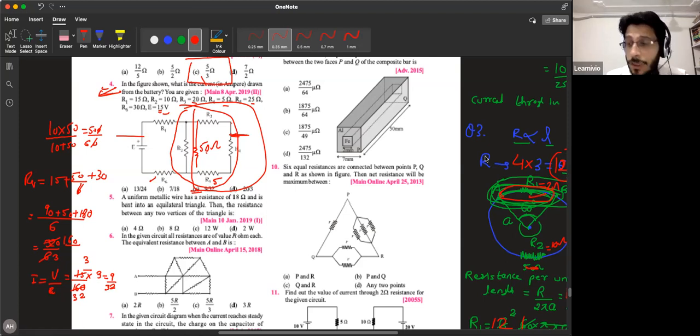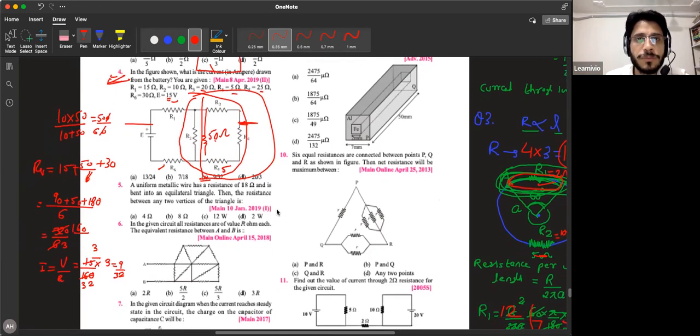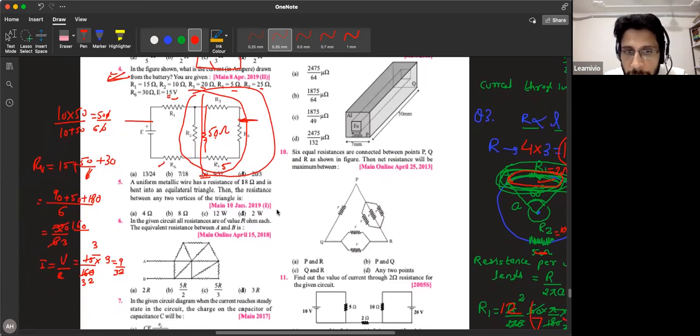Most of the questions that you get in your entrance exams are based on the topics which you did in NCERT. But just the level of numerical is good. In the next class, also we'll revise some questions on circuit theory only.